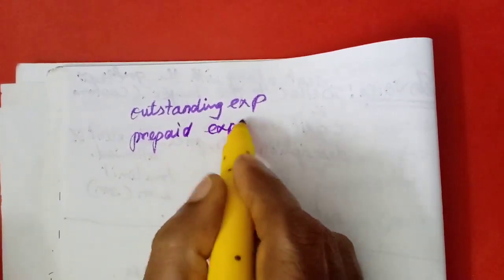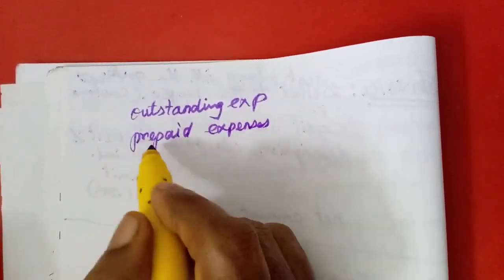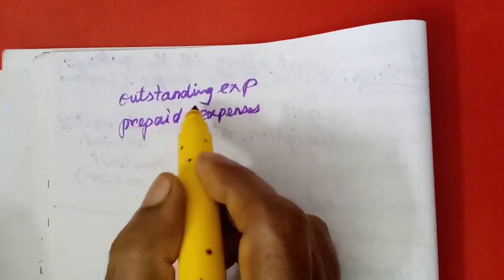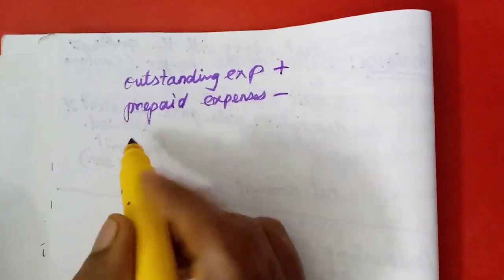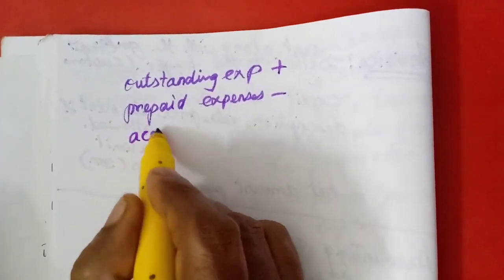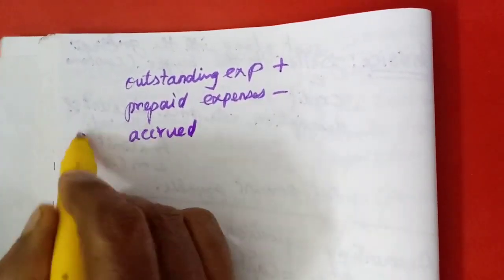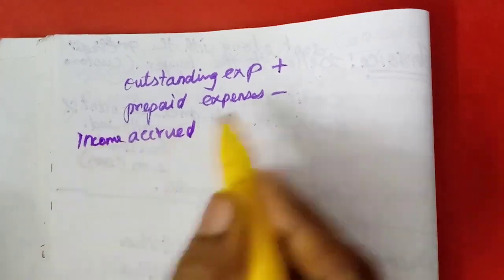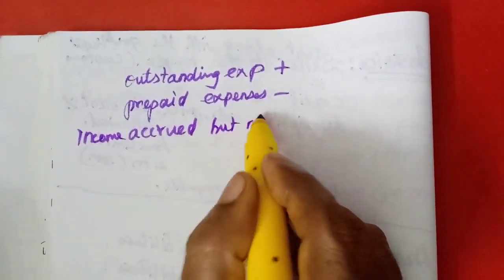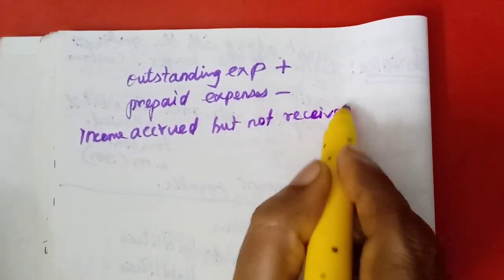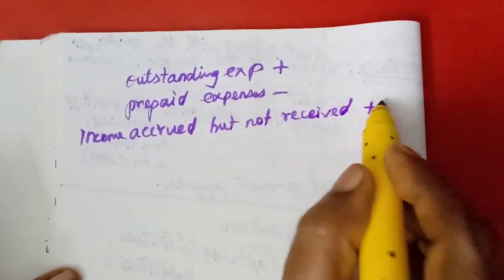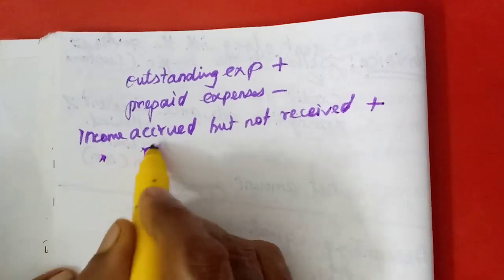Any expenses that we have paid in advance should be deducted. If we have to pay any expense that is outstanding, that should be added. Then income accrued but not received should be added. Income received in advance.